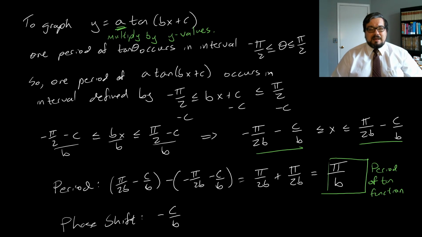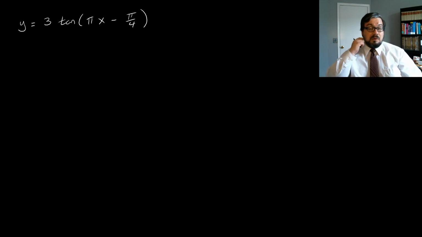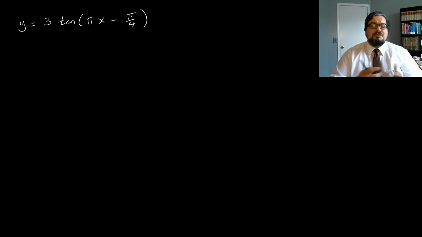Let's do a couple of examples where we see how this goes. So let's graph y equals 3 tangent of pi x minus pi over 4. There are a few things that you might want to do here. The problem might ask you specifically for the period.